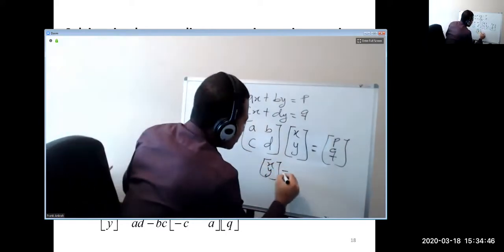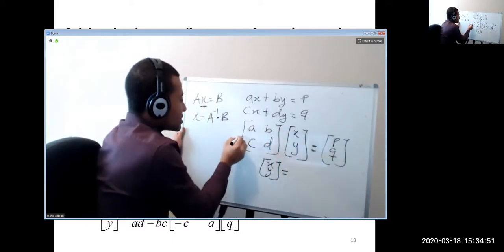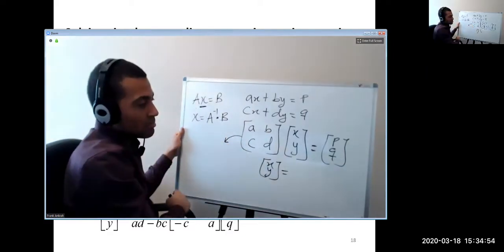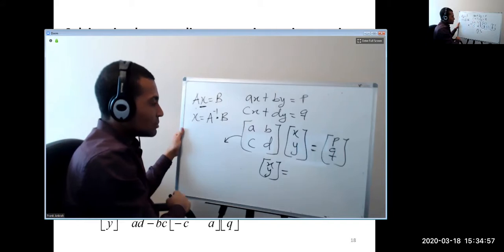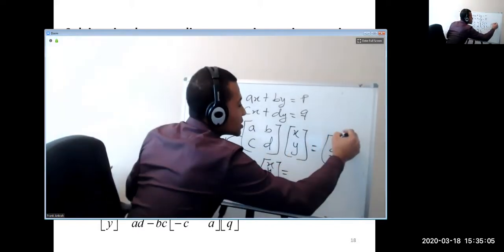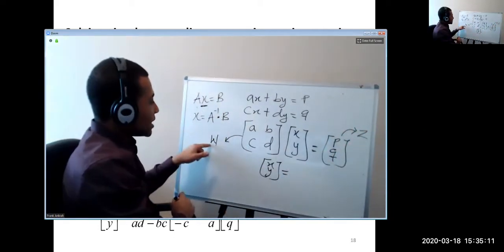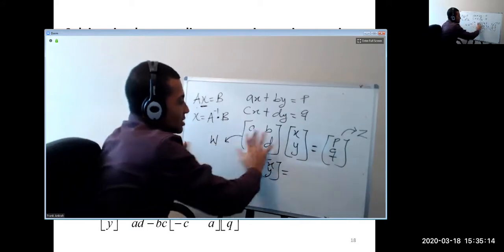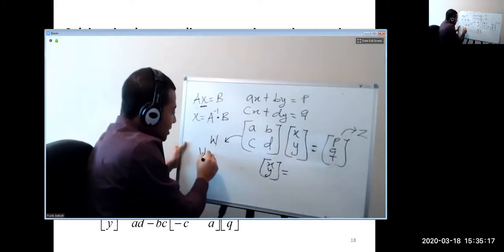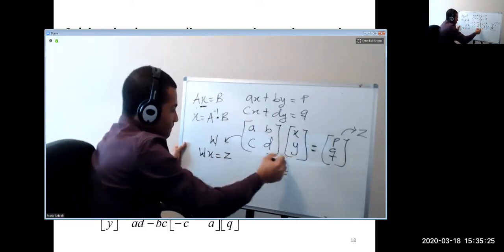So whatever this is, why don't we call this matrix, I'll give it a name, let me call this matrix W, and I'll call this one matrix Z. So what we are saying is that if I had this matrix W with an unknown, x equals Z, and I wanted to find x, which is your xy component here.